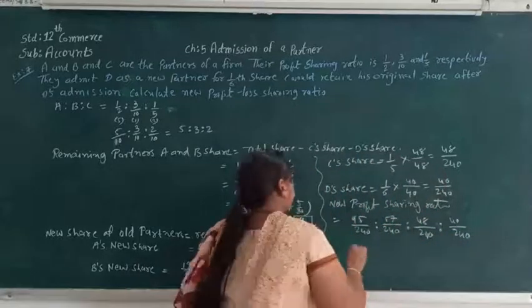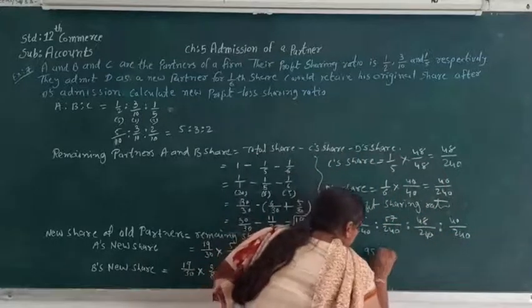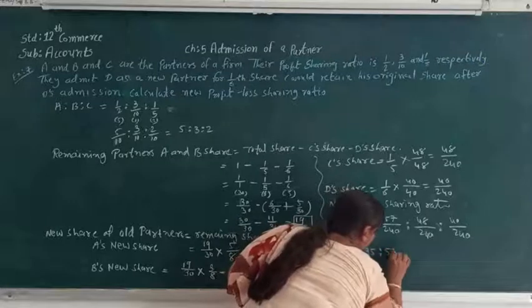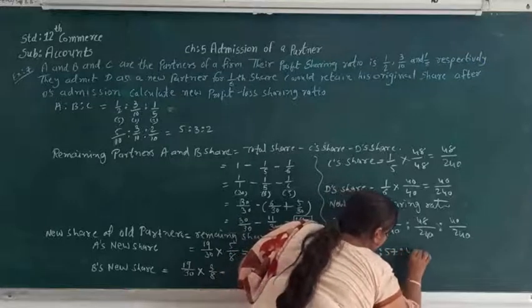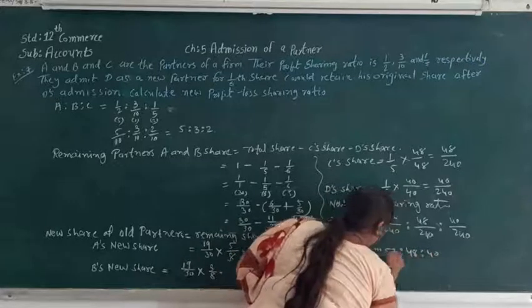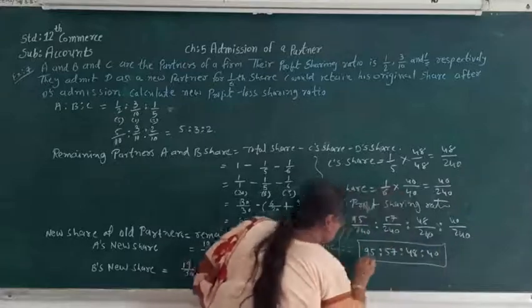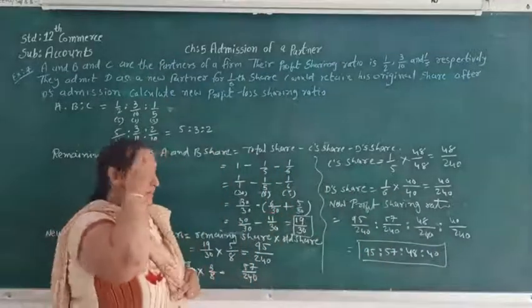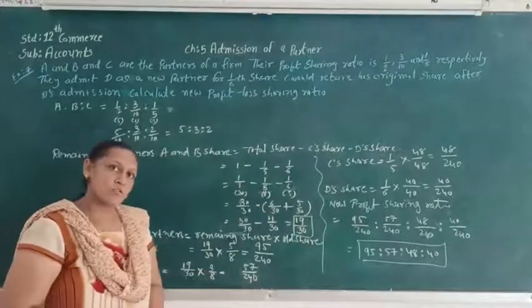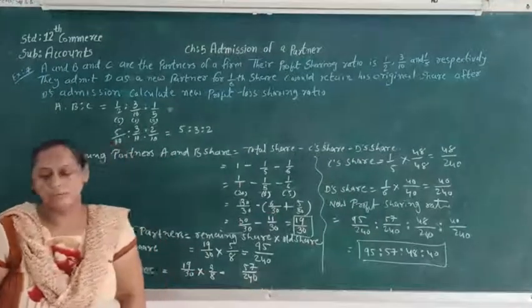So new profit sharing ratio is 95 is to 57 is to 48 is to 40. So this is the new profit sharing ratio. Students, you may note this down in your notebook.